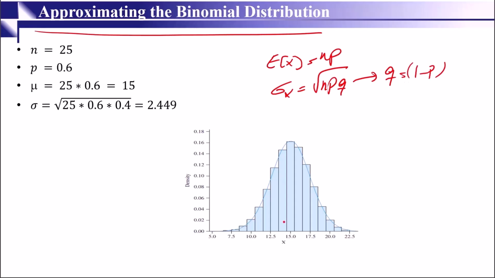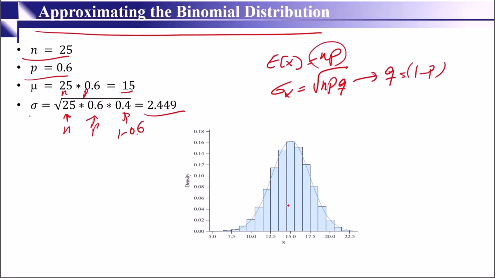Here we can see the binomial probability histogram for a binomial distribution with n equal to 25 and p equal to 0.6. So mu, based on this equation, n multiplied by p, is equal to 15, and the standard deviation is the square root of n times p times q, with q as 1 minus 0.6, so 2.449.